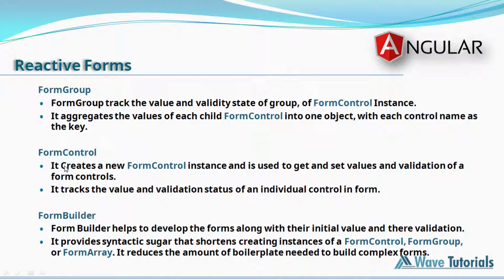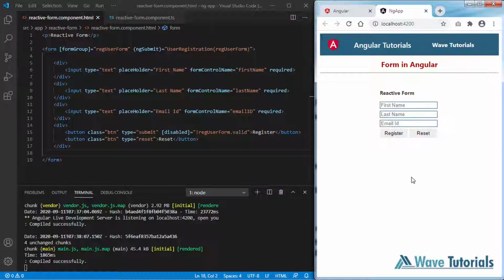Form control actually creates a new form control instance and is used to get and set value and validation of a form control. For each single form control, it tracks the value and validation status of an individual control in the form.